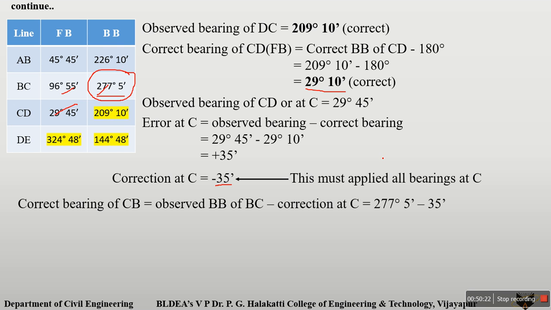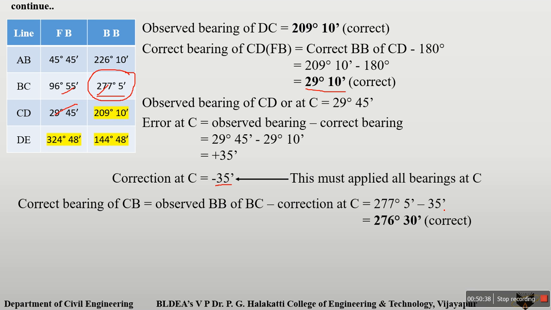Observed back bearing is 277 degree 5 minutes minus, with respect to sign convention, directly I am taking with respect to sign, minus 35 minutes. Simplify this one, we are getting 276 degree 30 minutes.